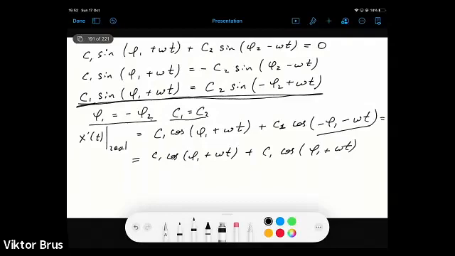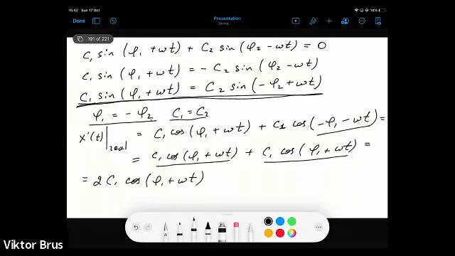So actually we have two identical terms here, and that will be equal to 2 times C1 times cosinus phi 1 plus omega t. So now we finally come to the final expression.